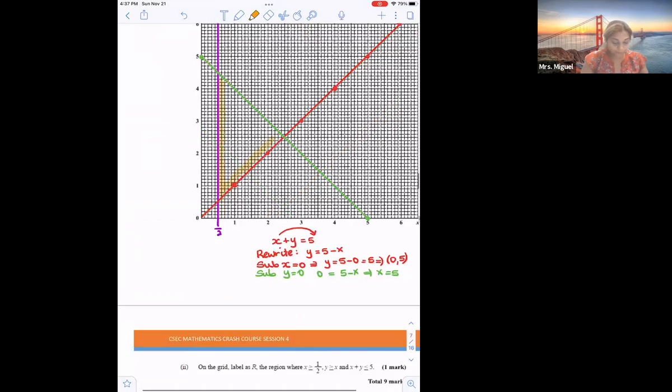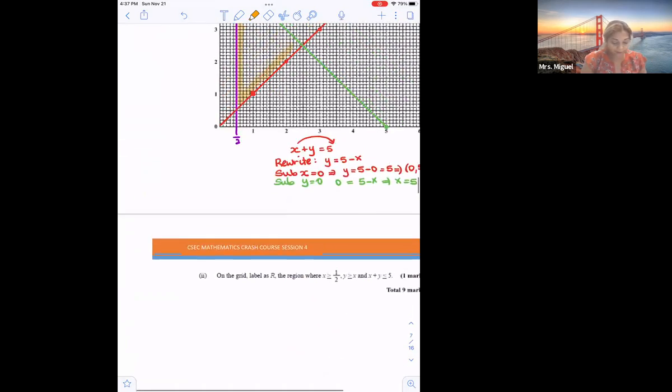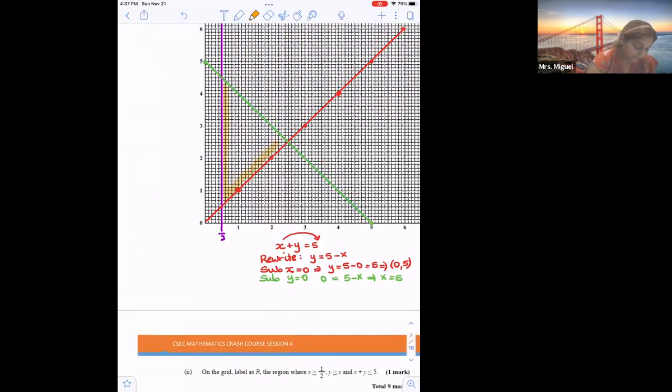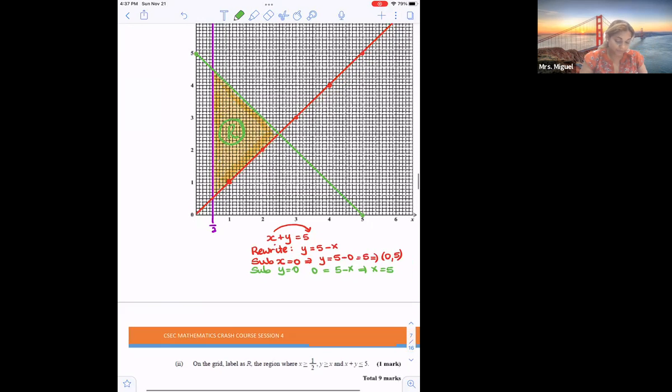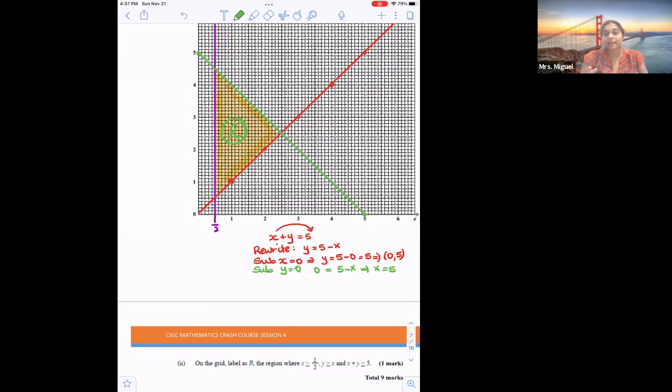And then we want x plus y less than or equal to 5. So everything from this line go back. And here, this is my common region, R. So this is the linear programming. And that, I believe, was worth 1 mark because you just had to find the common region between those lines.